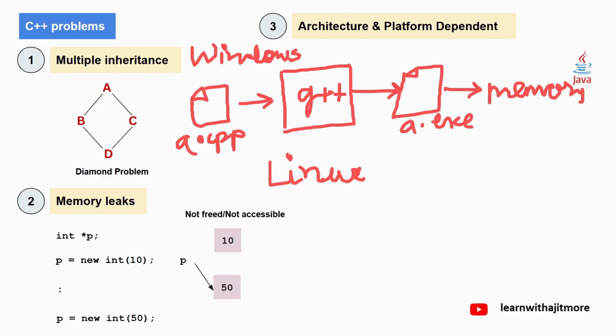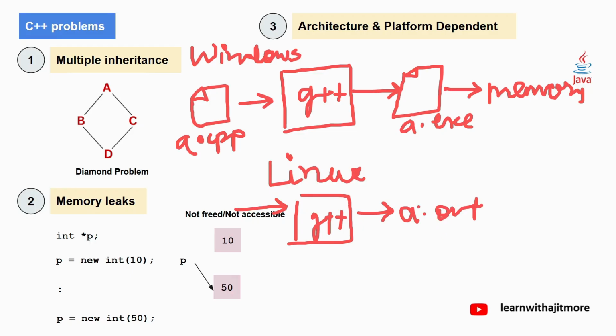If you try to bring this exe to a Linux system, you cannot directly run it. If your program is the same, you have to recompile it with a Linux compiler. Give the same source code to the Linux compiler, and it will generate a Linux executable, which can be run only on Linux systems.